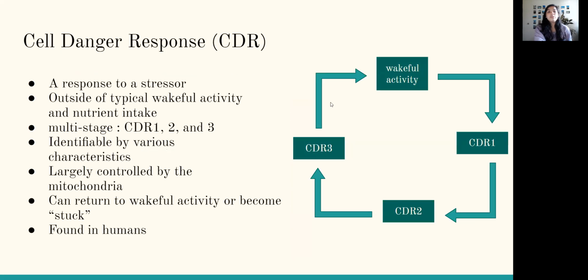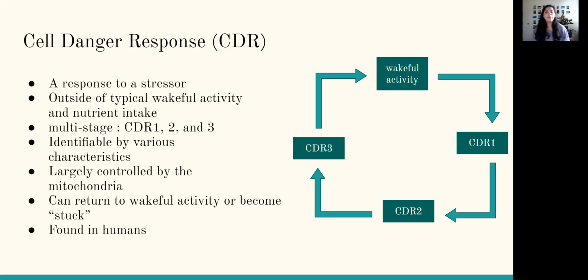So now to dive straight into cell danger response, or CDR. Here is a diagram of what CDR looks like in the cell. So cells typically exist in what we call wakeful activity and nutrient uptake. So if all is well, the cell is functioning normally and at its best efficiency. It is, in terms of humans, eating and drinking as it should.